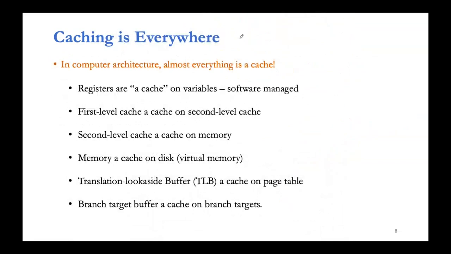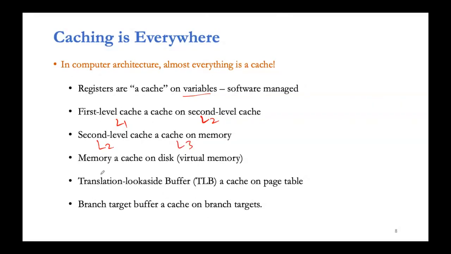So caching is everywhere in computer architecture. In computer architecture, almost everything is a cache. The registers are a cache on variables or operands, managed by software; the first level cache, your L1 cache, is a cache on the second level cache, your L2 cache, which is a cache on the memory, your L3.